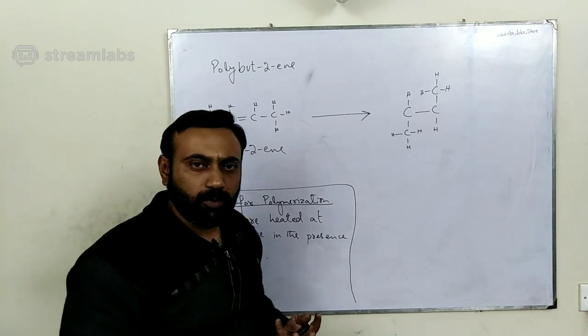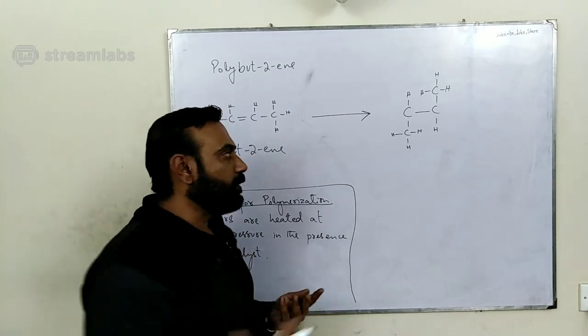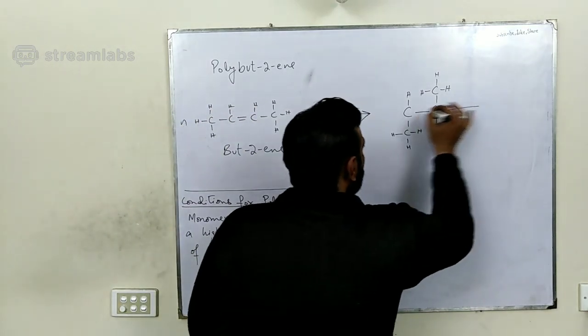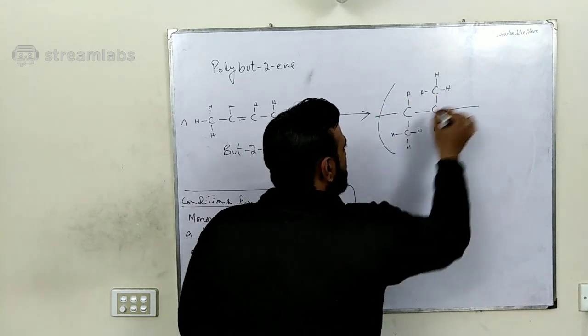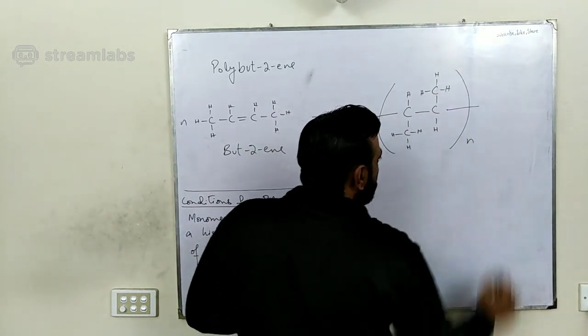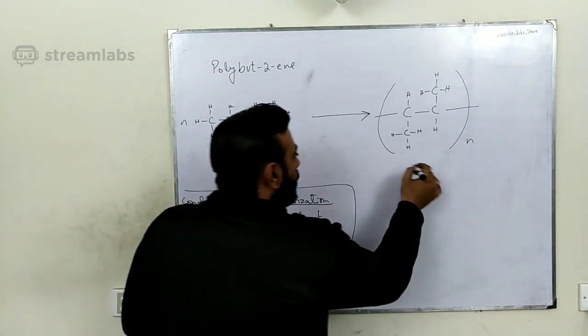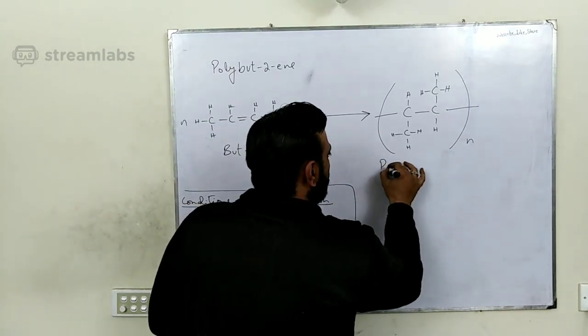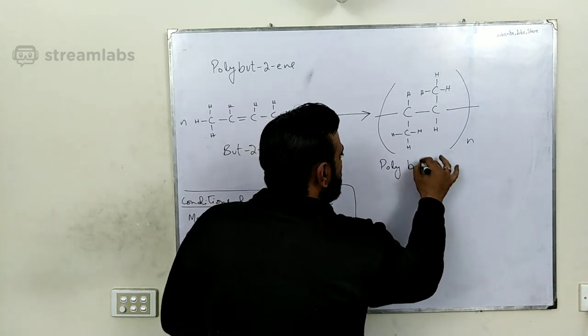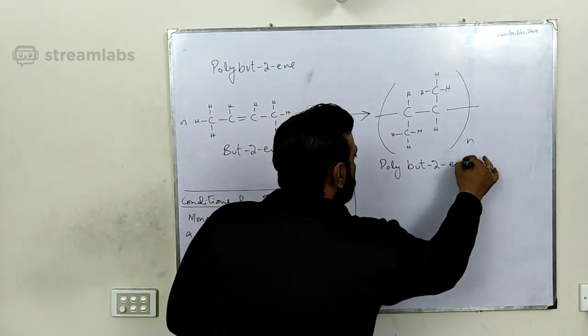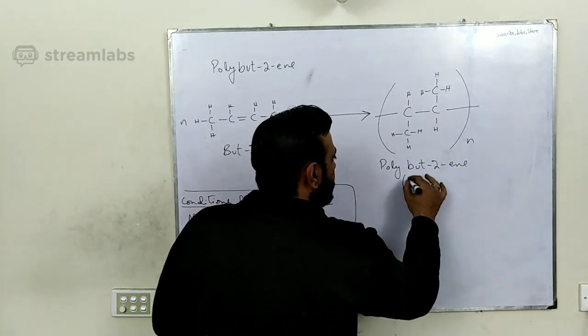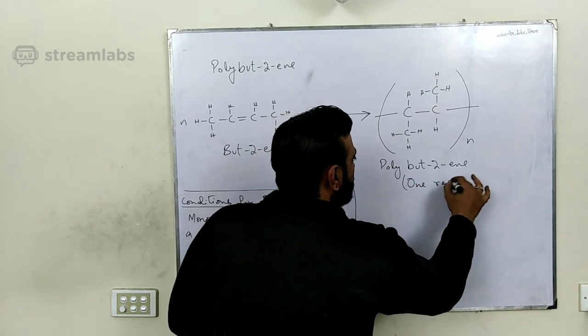Suppose they asked us to draw one repeat unit only, so we will show continuation signs on both sides. That means this will be repeated for n number of times, and this is the structure of polybutene, and this is its one repeat unit.